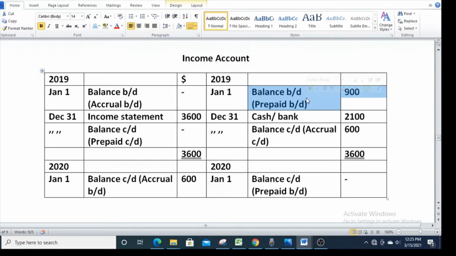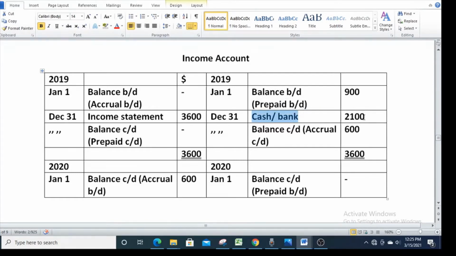At the end of the year, 2 month rent is accrued. Accrued income is our current asset. As an asset closing balance, it's appearing on the credit side, and in the next period, it will appear on the debit side. We need to calculate the missing figure of cash and bank which we have received.